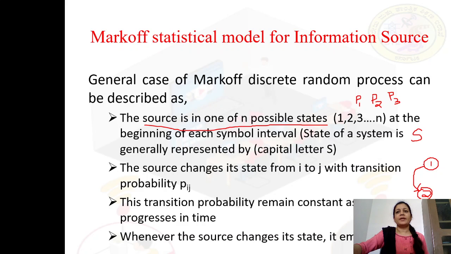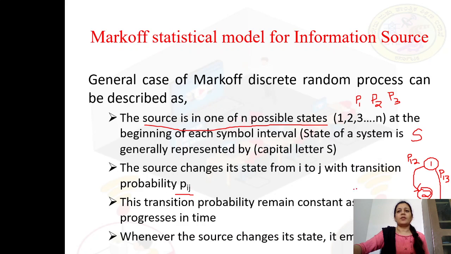And what is the probability of changing the state from 1 to 2? It is nothing but the transition probability, that is P12, the probability that the source changes its state from 1 to 2. Similarly, if it changes its state from 1 to 3, then the probability with which it changes its state is represented as P13. So the change in state of a source is always represented with the help of the transition probability Pij from state i to state j.